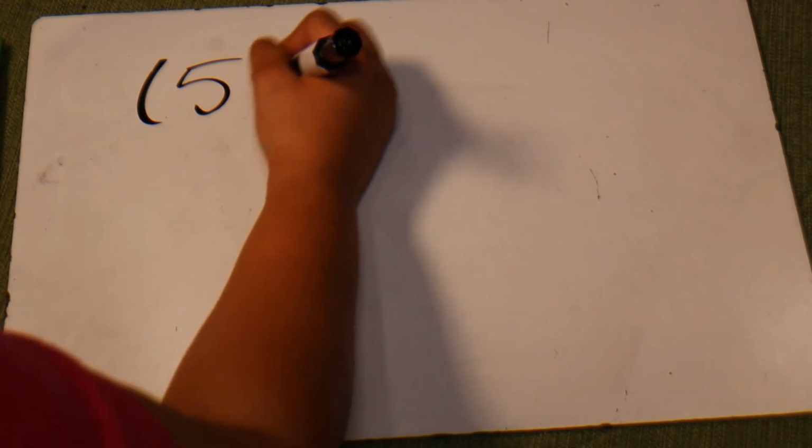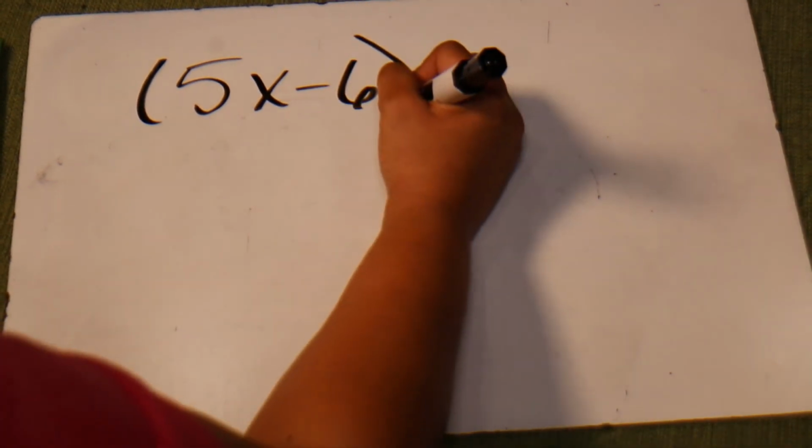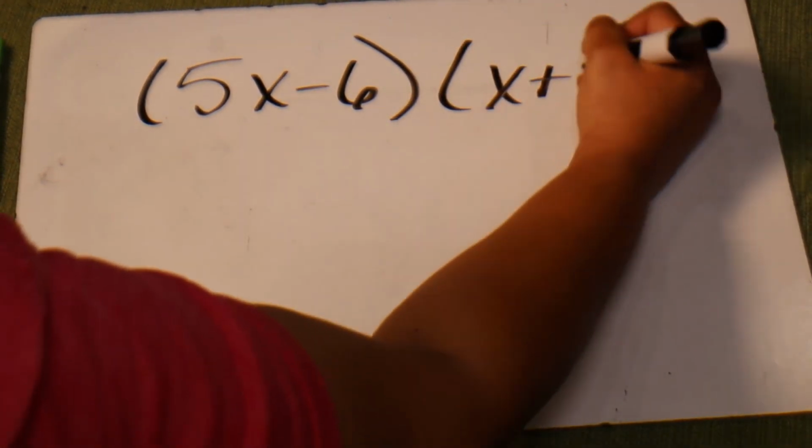Alrighty, let's see here. So, let's do this one problem. There were quite a few people that got this incorrect, so I want to make sure I review this problem. Okay, so we have 5x minus 6, and we have x plus 2.